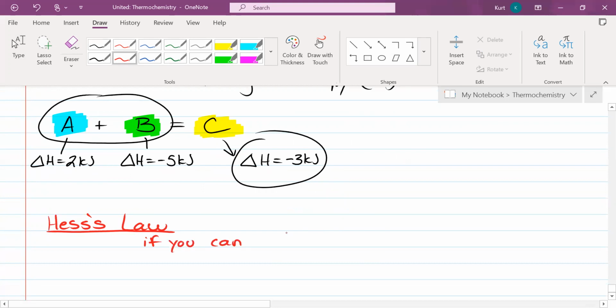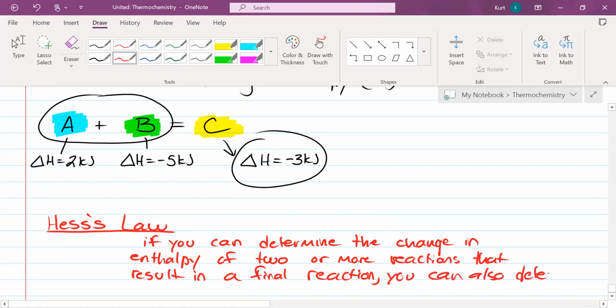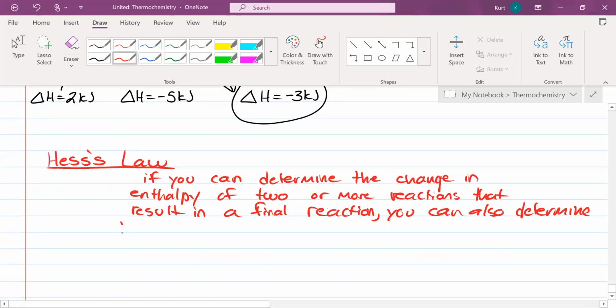If you can determine the change in enthalpy of 2 or more reactions that result in a final reaction, you can also determine that final reaction's enthalpy.